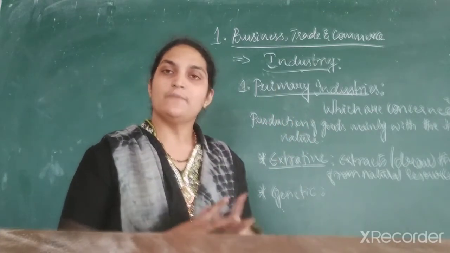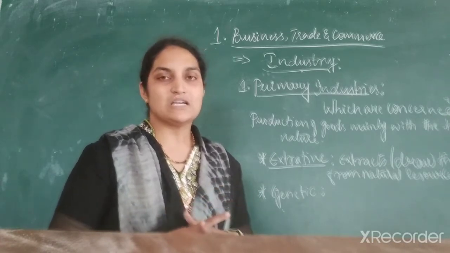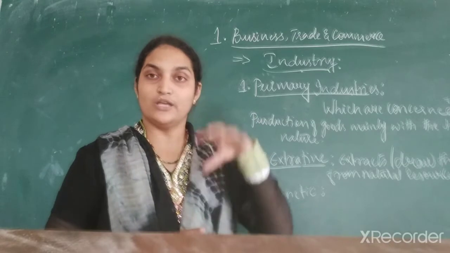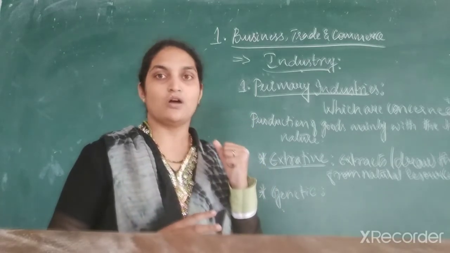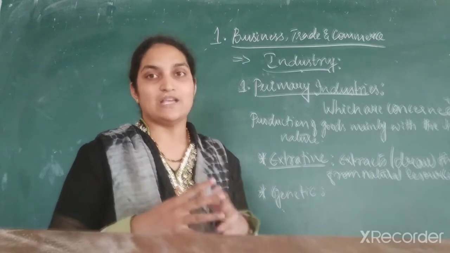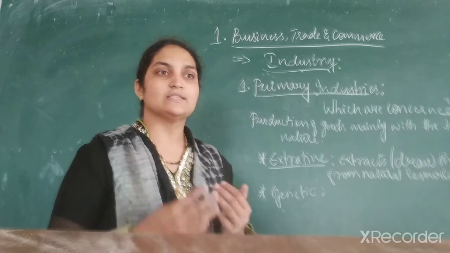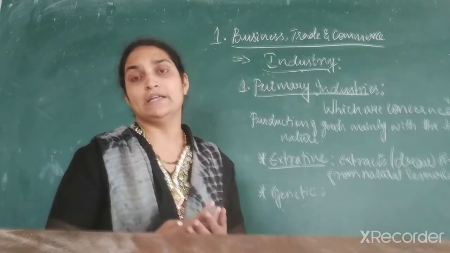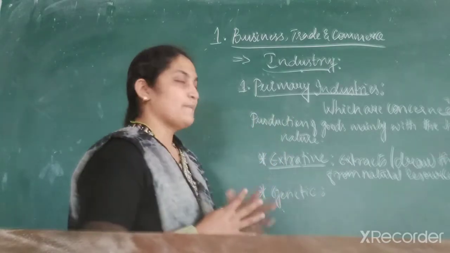Or you can say these industries include all those activities which are concerned with the extraction, drawing from the surface, the extraction or production of natural resources, as well as reproducing and development of plants and animals, etc. That is called primary industries.